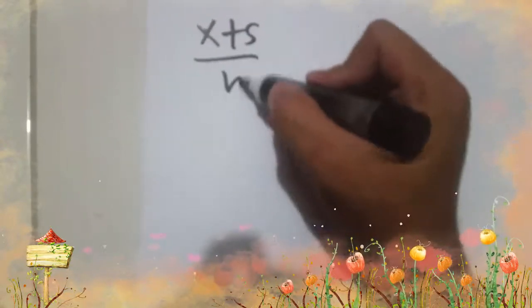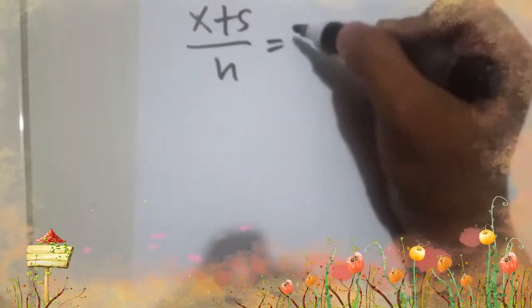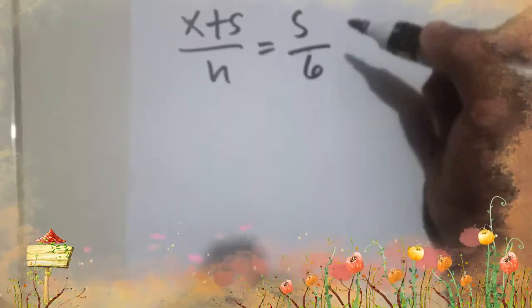To set up a ratio of similar triangles, since the drawing earlier shows that the relationship between the given data of the problem is just like a similar triangle, the formula will be x plus s all over h is equal to s over 6.